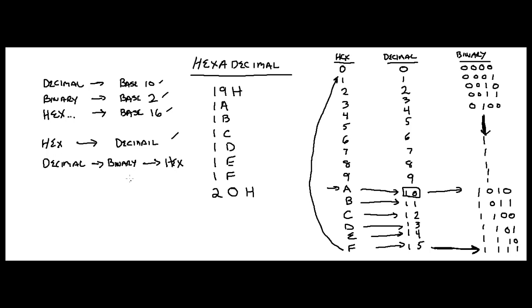So when you convert your decimal to binary, which you already know how to do, and you write it in groups of 4 starting from your least significant bit, you're going to have these numbers right here, all the way down. And then it's a simple matter to convert these values in this column to your hexadecimal values in this column.